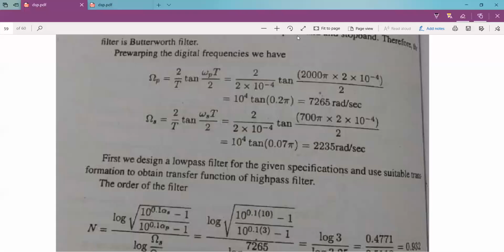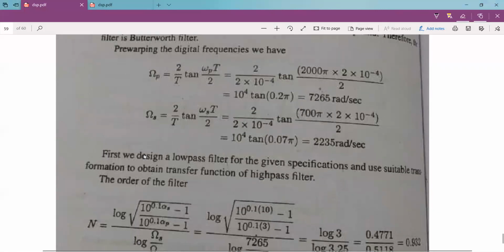So that was wrong in this particular equation. T should not be there inside the tan. You have to compute 2/T tan(omega p/2), 2/T tan(omega s/2). And finally, you will get the omega p and omega s.